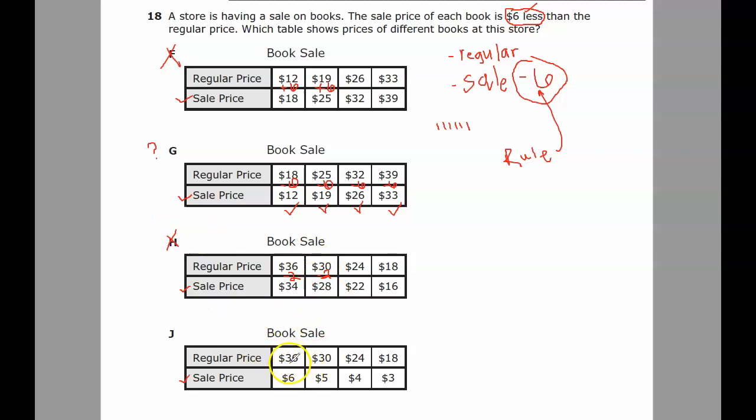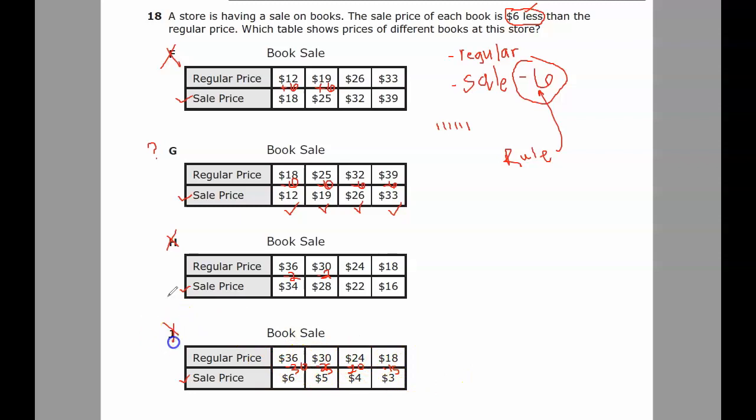All right, J, I have 36 and 6. So here, I actually had to subtract 30 to get 6. Here I had to subtract 25 to get 5. Here I had to subtract 20. And here I had to subtract 15. So none of those even have a pattern.